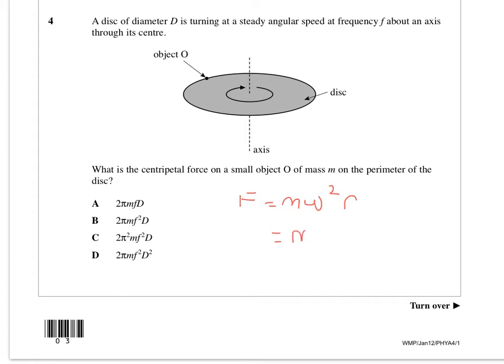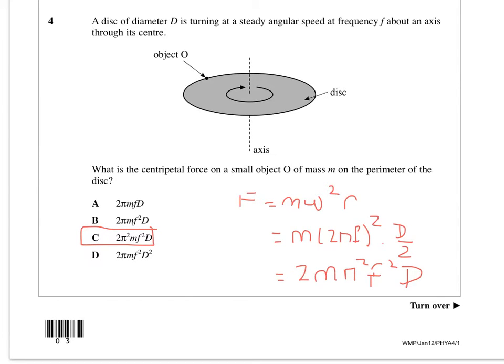So we've got mass, and then that's going to be 2 pi f in terms of the frequency, squared, multiplied by d over 2 in terms of the diameter and the radius. So we're going to end up with 2 pi squared f squared d, which is this one. So that one is going to be C.